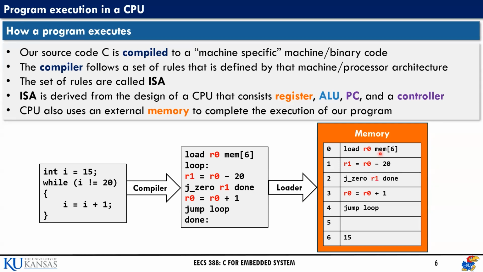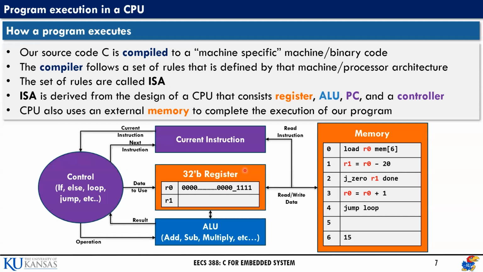And after storing our code into the memory, now it's time for the CPU to go through each instruction and complete the whole program. So how can a CPU do that?